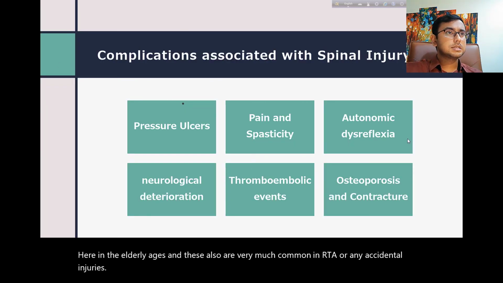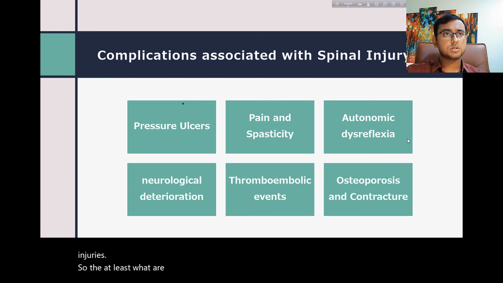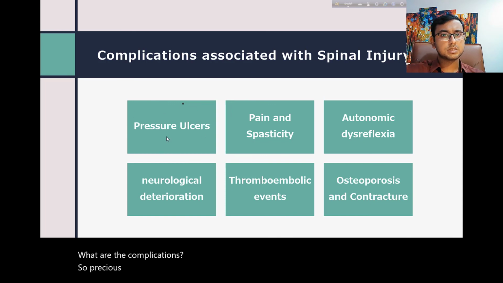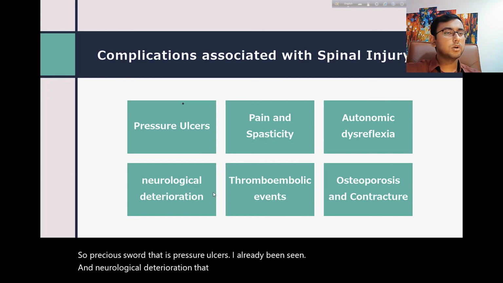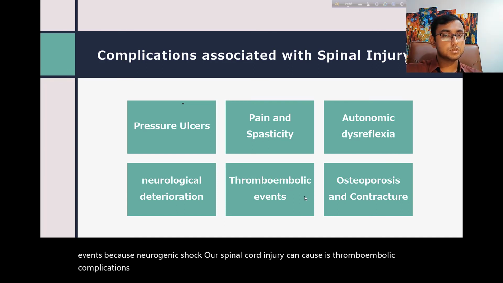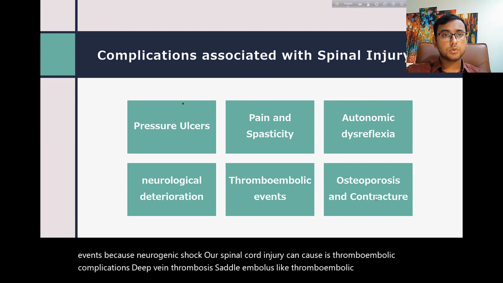So now at last, what are the complications associated with spinal injury? Pressure sores, that is pressure ulcers, already been seen, and neurological deterioration, that is nerve involvement, pain and spasticity, thromboembolic events, because neurogenic shock or spinal cord injury can cause thromboembolic complications like deep vein thrombosis, saddle embolus, thromboembolic occlusion, osteoporosis and contracture.